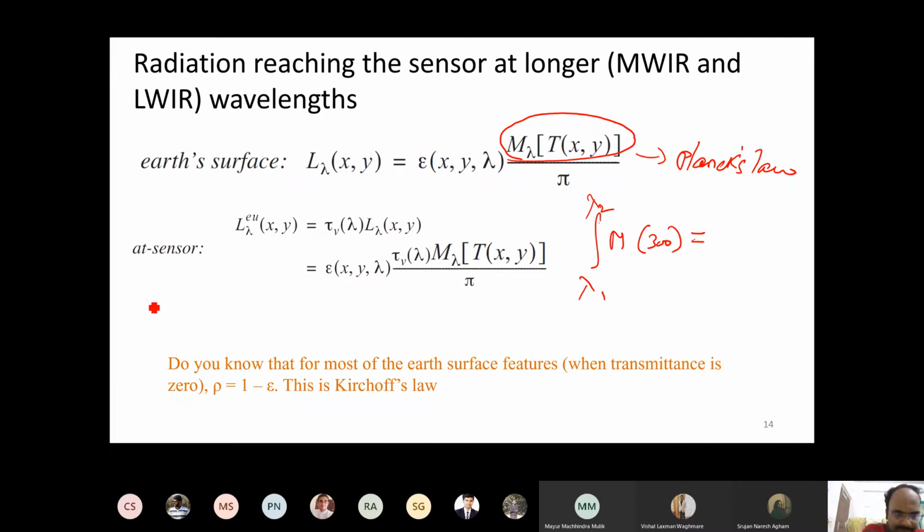So the ratio of the actual energy emitted by the object to the energy emitted according to Planck's law gives you the emissivity.